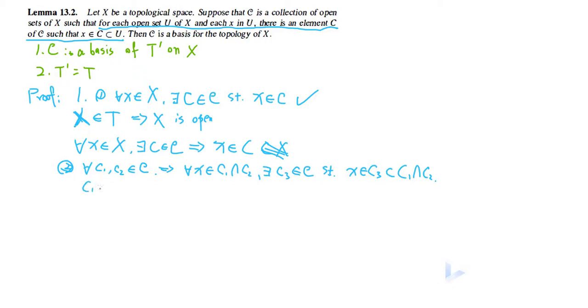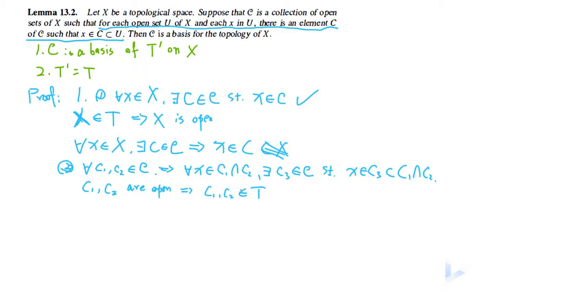It also means C1 and C2 belong to the topology T, because open here means open under the topology T, not under the topology T prime.